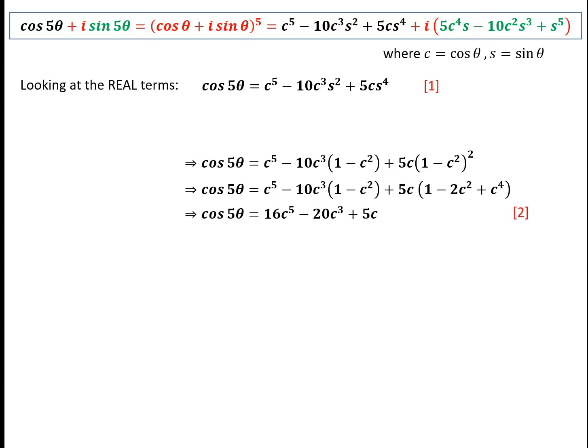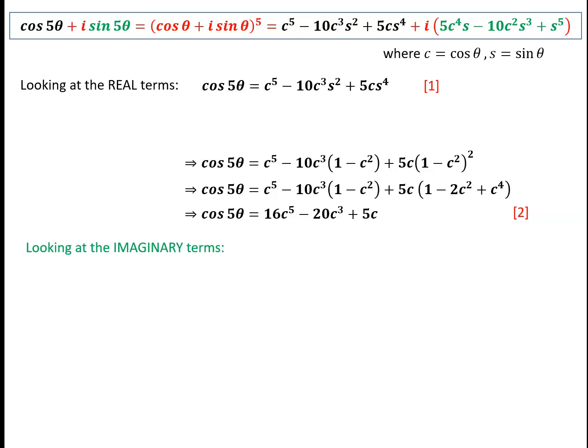Similarly, if I look at the c cubed terms, I've got minus 10c cubed from the first bracket and another minus 10c cubed from the second bracket. And then if we look at the c terms, I've just got plus 5c from the final bracket. So I've got cos 5 theta is 16c to the 5 minus 20c cubed plus 5c.